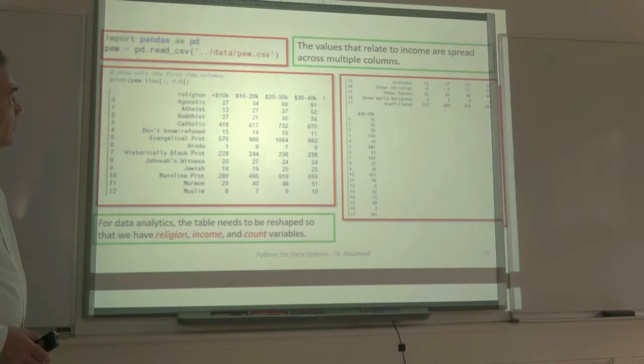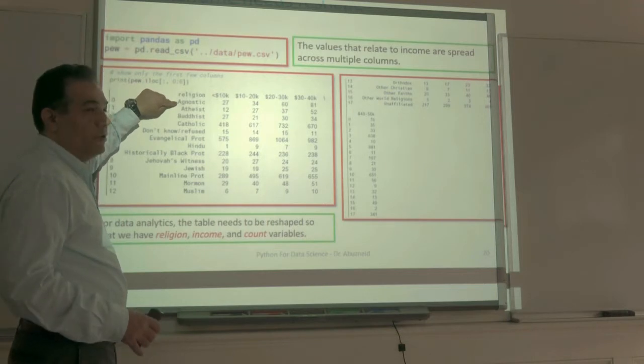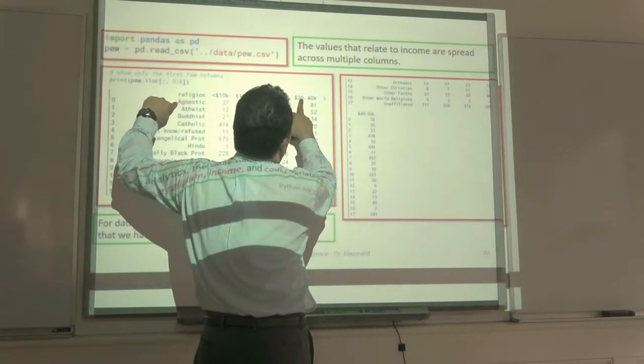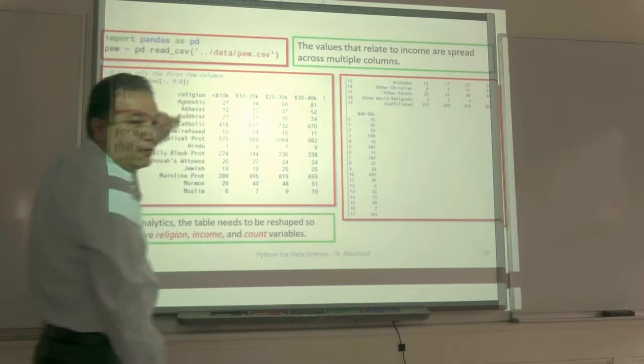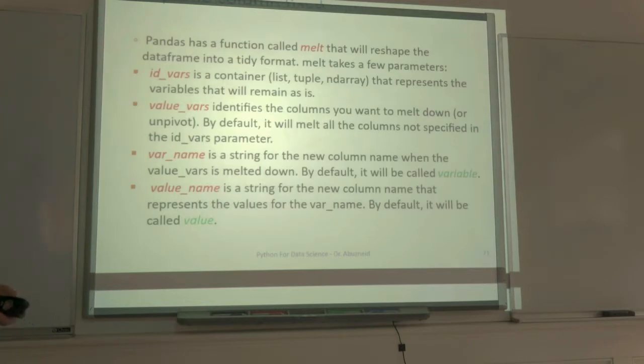That means in the religion column, agnostic will appear 5 times. So, keep one column fixed. Pandas has a function called melt.